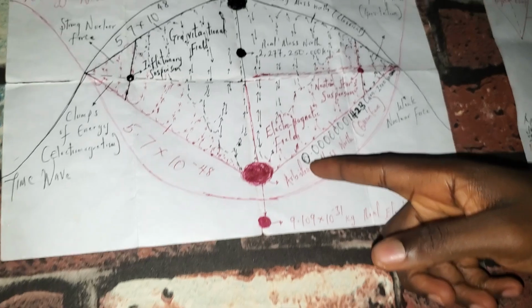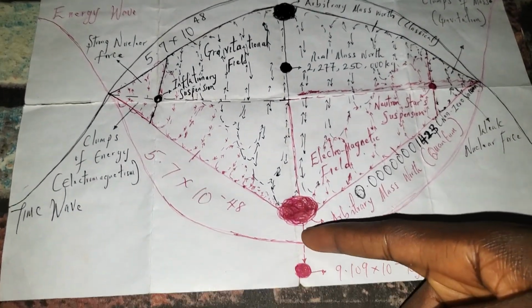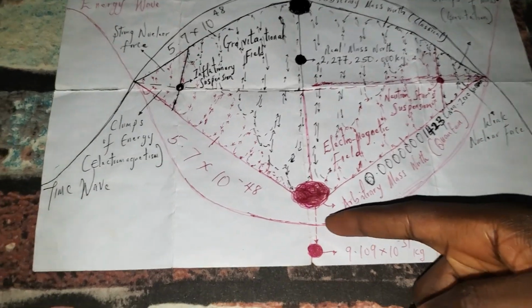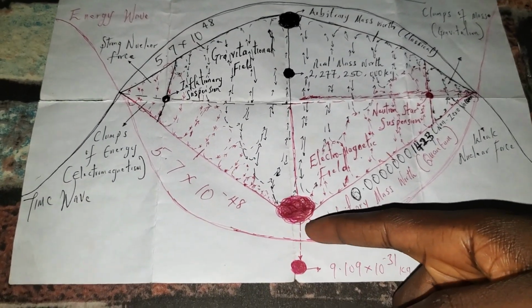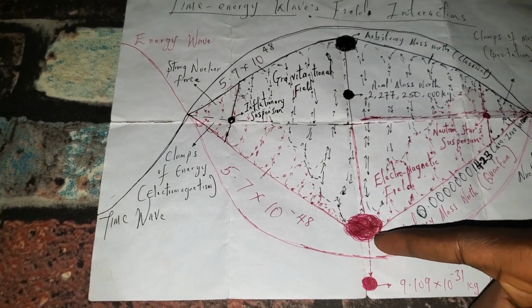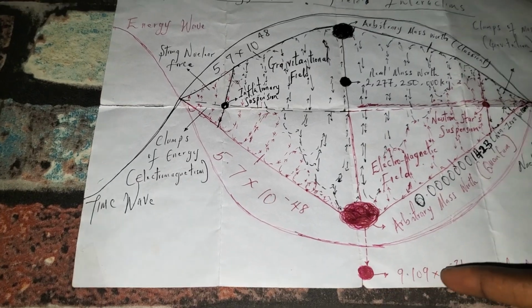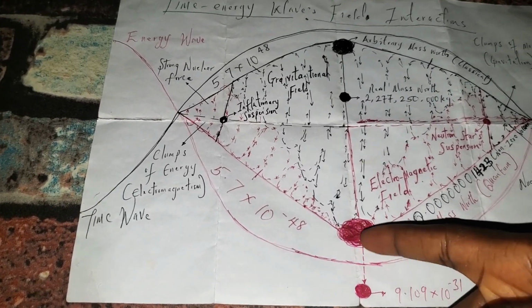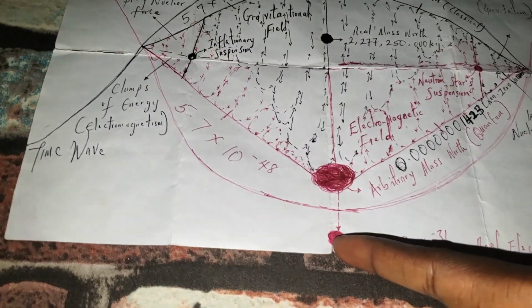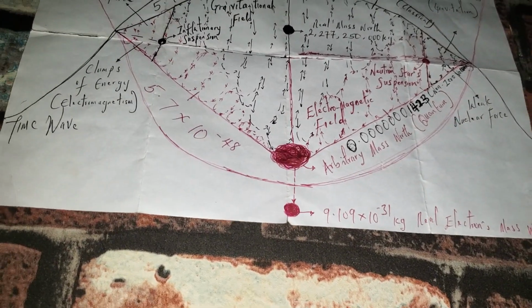This region is the nucleus that we have right here. But by getting to this place, the mass worth of electron is undefined unless it is connected to this positron. So it gets defined at the point of contact with this positron, and that is quantum entanglement for you.